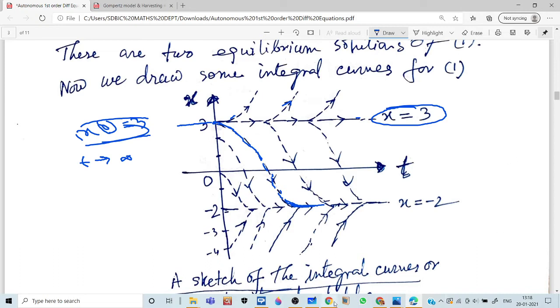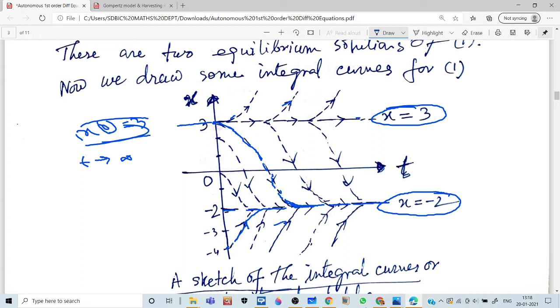And this line is x equal to -2. Obviously x equal to -2 is also an equilibrium solution of the given differential equation. Observe that the solution curves move towards the line x equal to -2 as time increases.